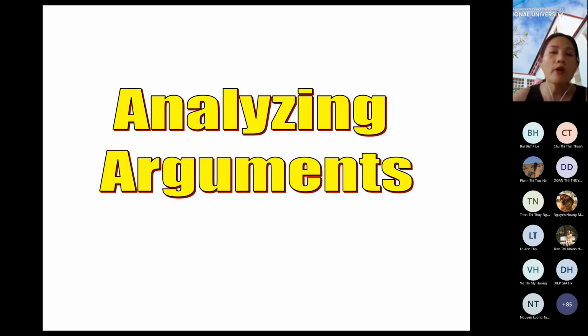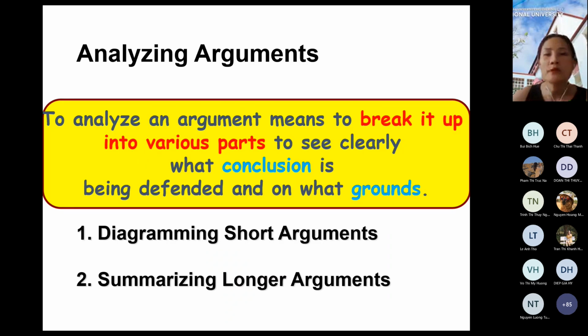So in general, there are some ways for us to analyze the arguments, and that is what chapter 7 is about. First of all, we need to understand what it means to analyze the arguments. To analyze an argument means that we need to break the argument into various parts. We learned in chapter 3 already, the arguments include premise and conclusion.